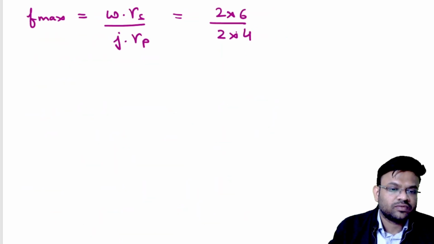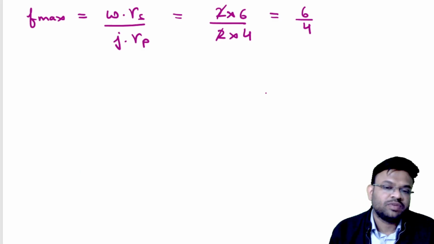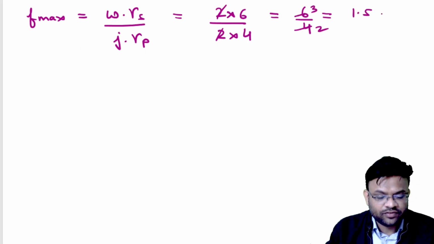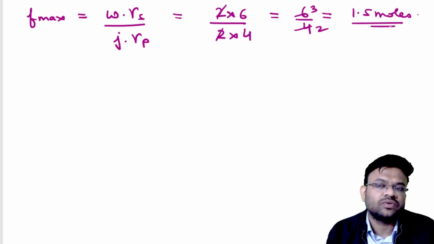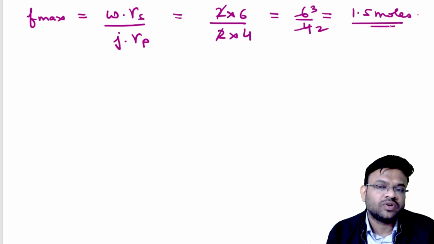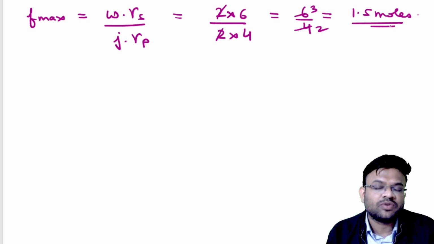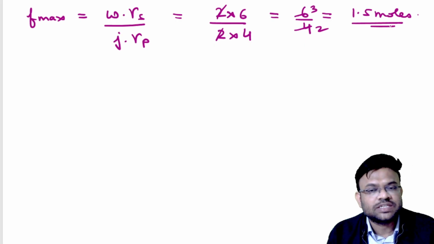So this would be equal to 6 upon 4. This would be the value for F max, or you can just quickly calculate it. So this would be 3 by 2 or 1.5 moles. This is the maximum stoichiometric value that you would be getting for the product. Now this does not end our question, because we have to find out the maximum thermodynamic yield, and for obtaining it, this was a small step. Now coming to the final formula for the maximum thermodynamic yield.